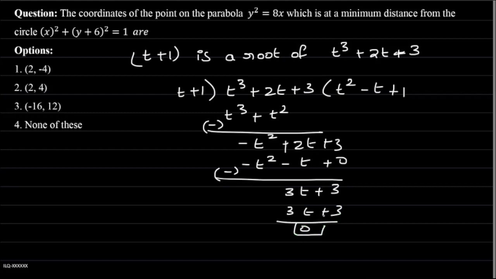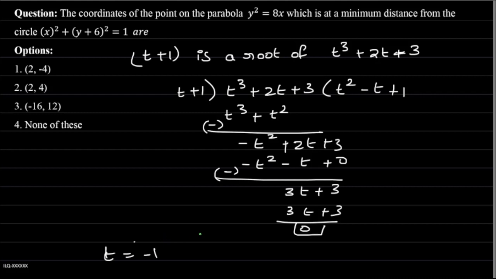That means t square minus t plus 1 is also a factor, but this gives us imaginary roots. So I'm concluding that t equal to minus 1 is the only real root.